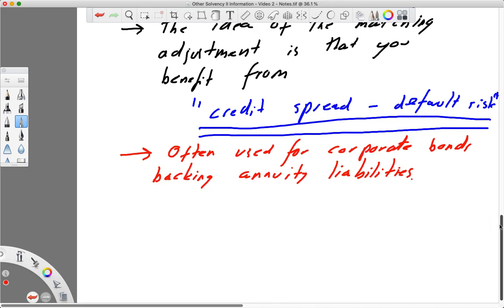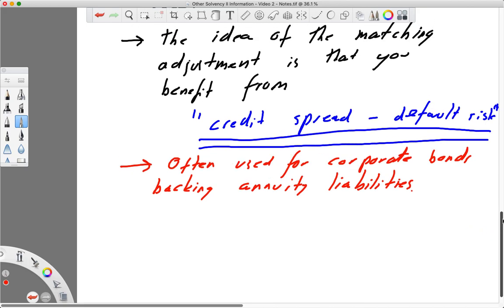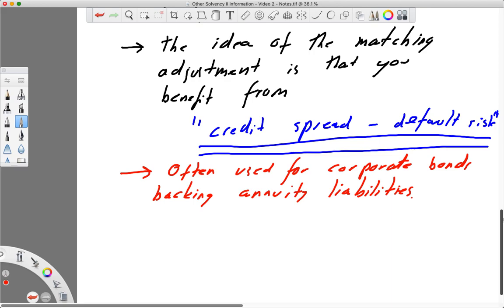Now, whether you think that this is okay within Solvency II and the philosophy of Solvency II is another question. All the best estimate liabilities are generally calculated using risk-free rates. So this is definitely an adjustment that's used to give a company more capital than it otherwise would.